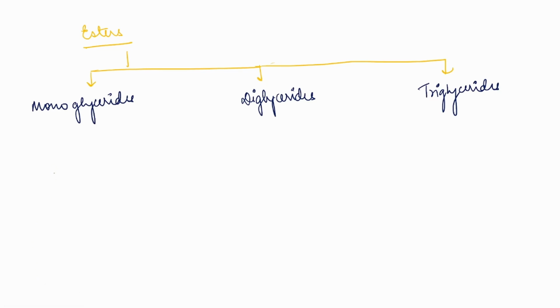Now, what is a monoglyceride? Basically, say this is a glycerol. Now, if this is reacting with a fatty acid, the hydrogen and the hydroxyl will be removed in the form of water.